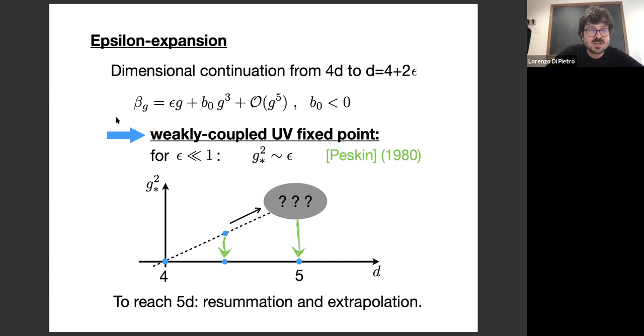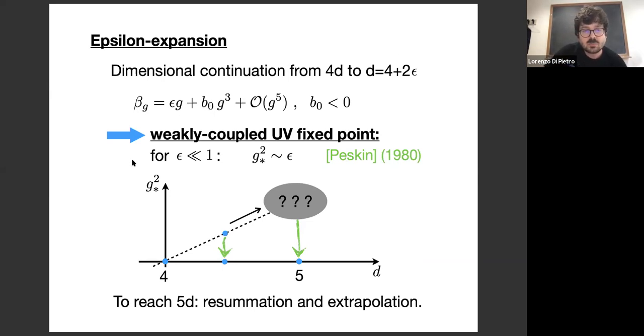I apologize for that. And then when we do that, the beta function is going to acquire this term linear in the coupling. That's simply telling us that the coupling becomes irrelevant. And famously, the one loop term is negative, at least if we don't have too many flavors.